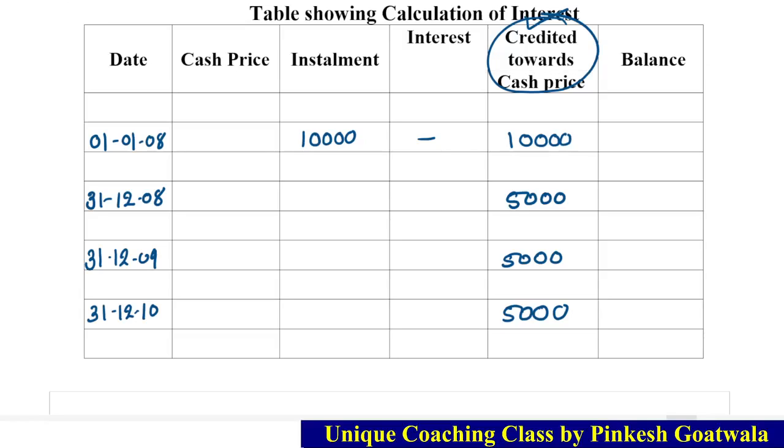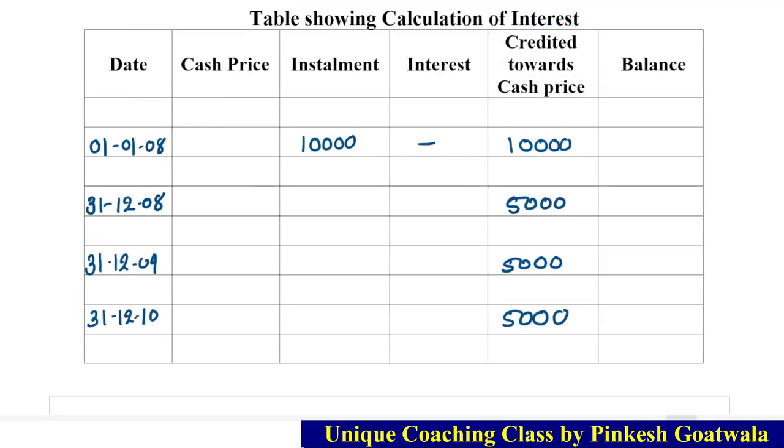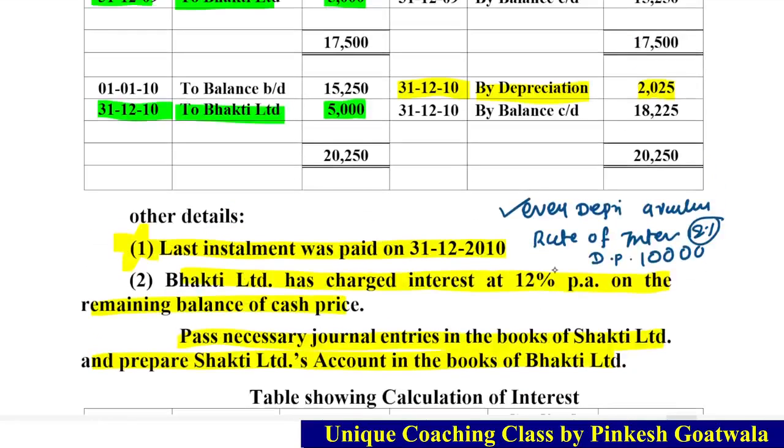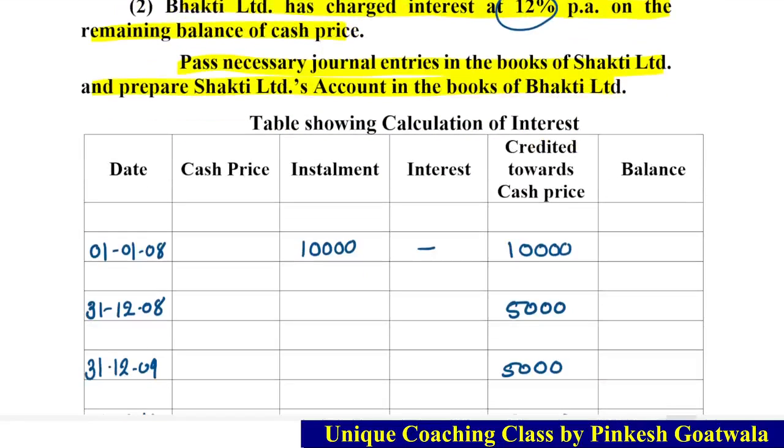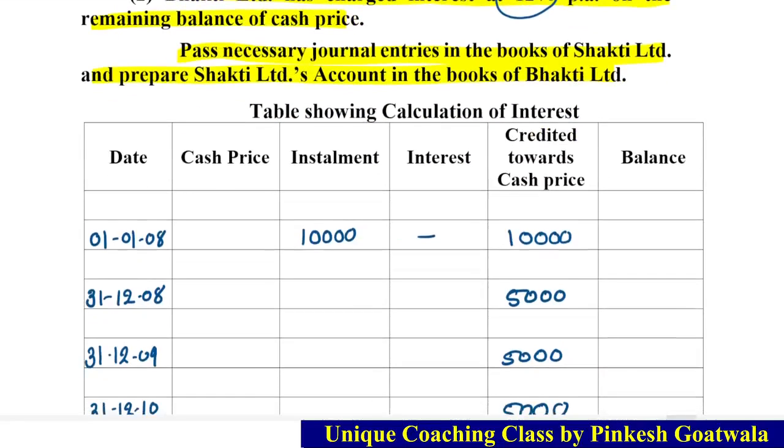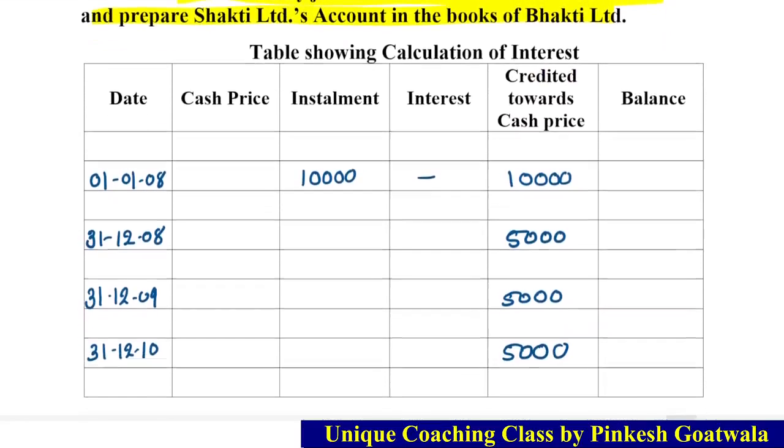Next step, we have a rate of interest. Rate of interest is available. How much? Here the rate of interest is 12%. Rate of interest is available, but we don't have a balance. If we had a balance, we could calculate the rate of interest. We have credit towards cash price available.